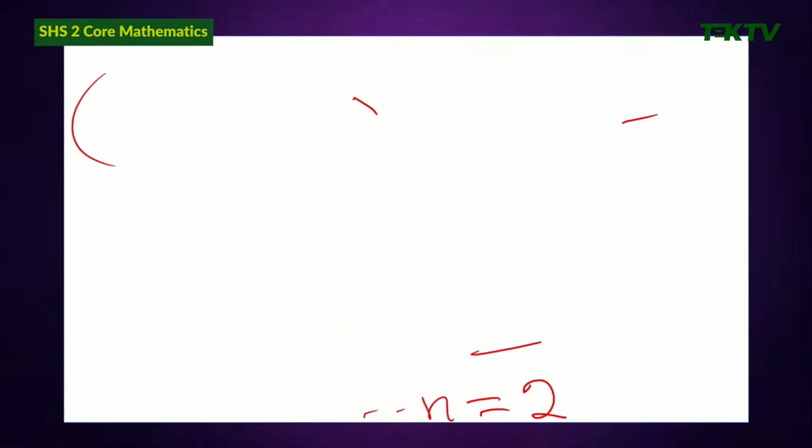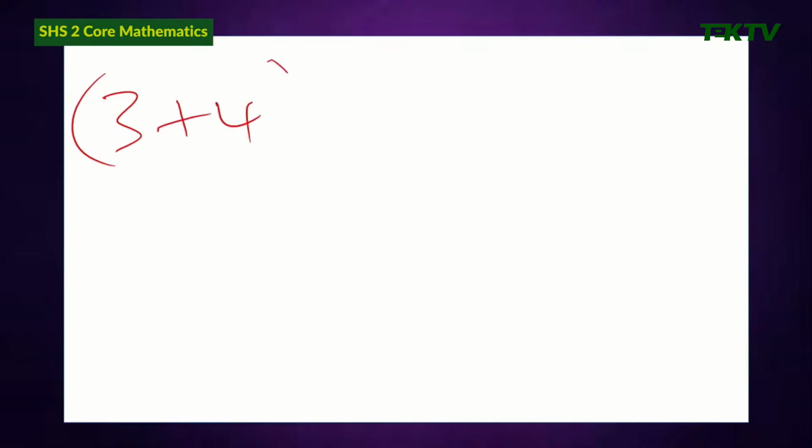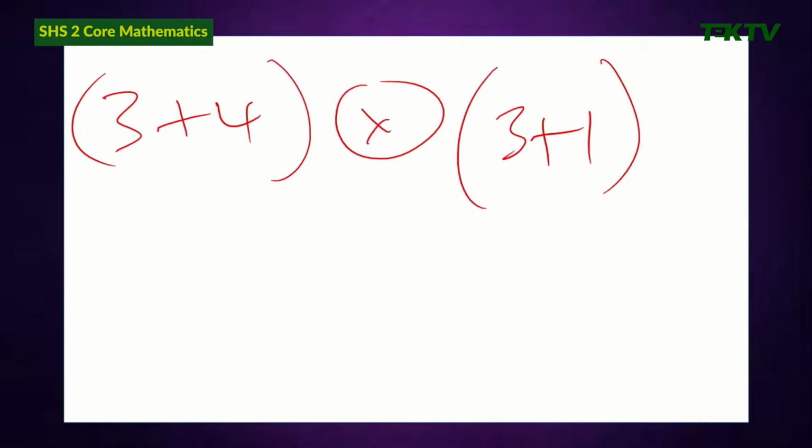The next digit is 3. The moment you get an answer, you are not supposed to end there. You continue with the rest of the elements. So this time, 3 plus 4, all times 3 plus 1. We want to check and see whether that one will also give us 3. 3 plus 4 on the table is 2.